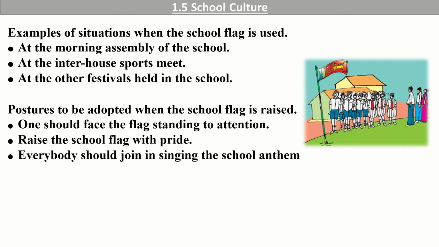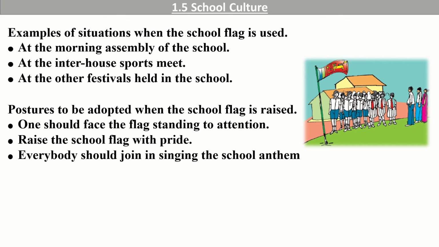So when the school flag is hoisted, what postures should be adopted when the school flag is raised? What postures? How do you stay? What do you have to do? Very important postures.